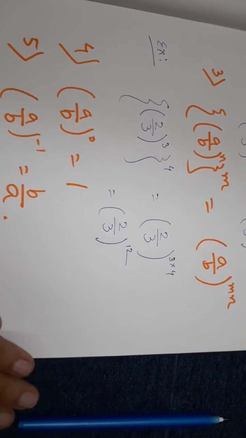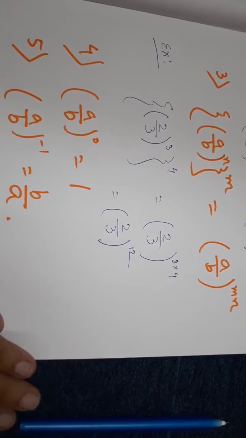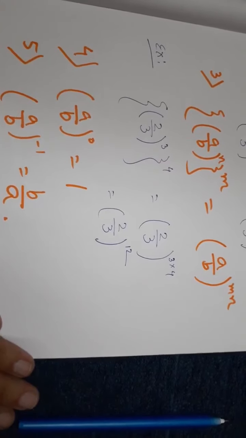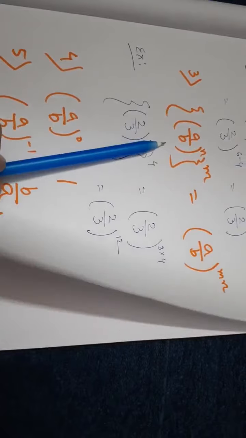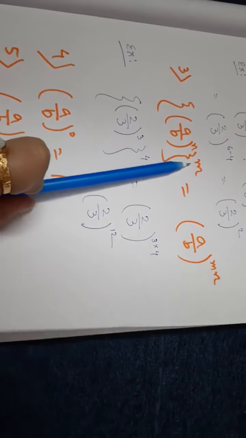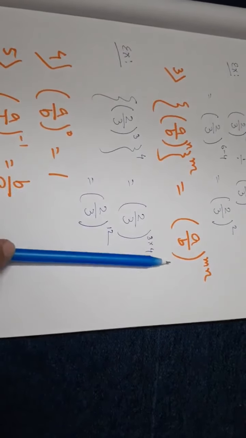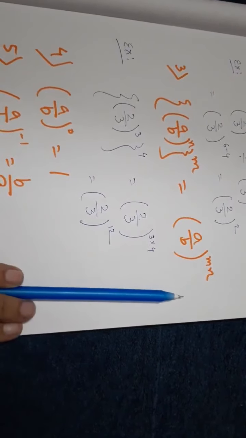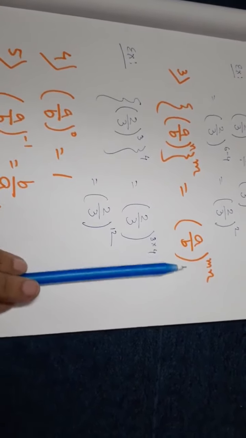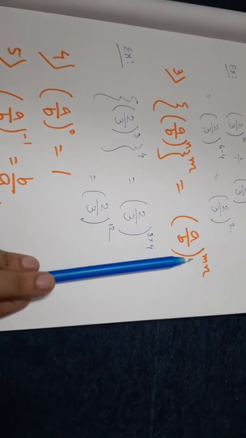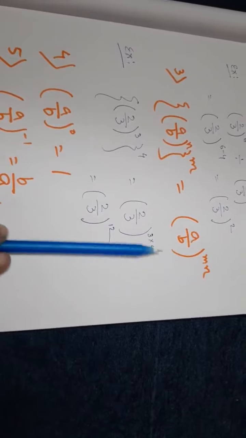So we have a by b raised to the power n, as a whole, in the second bracket raised to the power m. In this case students, we are going to multiply these two powers m and n. That means it will be a by b raised to the power mn. Here mn means we are multiplying m and n.